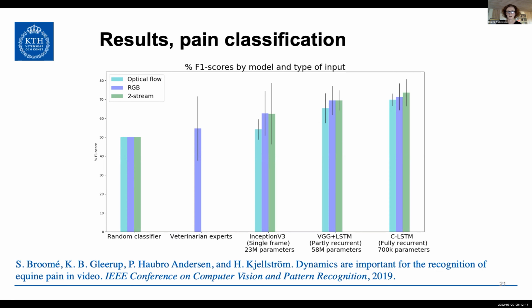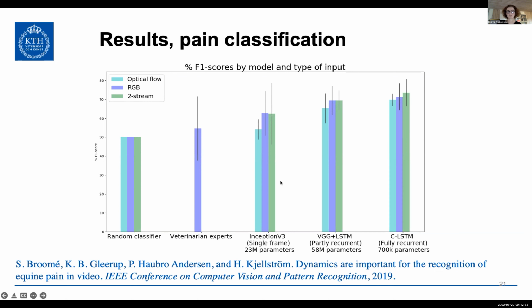And we can also see that the CLSTM model is able to improve with, so here is only RGB, and this is having both streams. I shouldn't say modalities, but 2 streams, and it's able to make use of the optical flow more, while the others basically don't improve with optical flow.